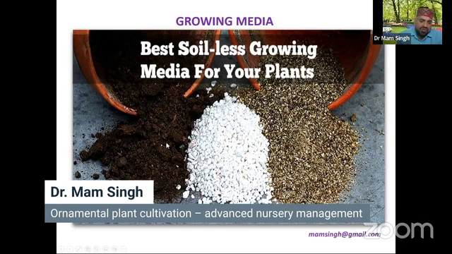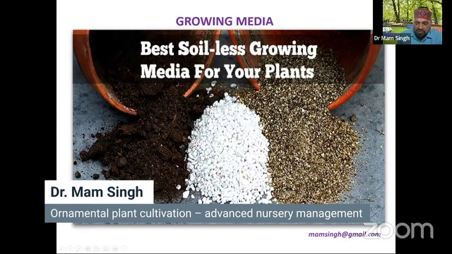So coco peat will permit the plant to have a uniform root distribution and hold the plant in form, and this perlite will absorb and retain the water, and it will release it whenever the roots require water for their growth. Not only water but also the nutrients in this water solution.